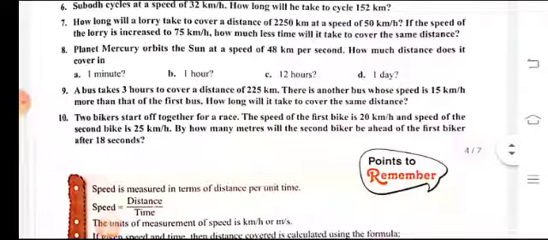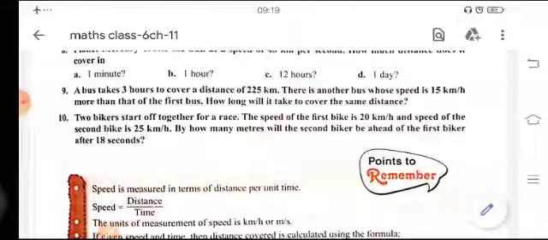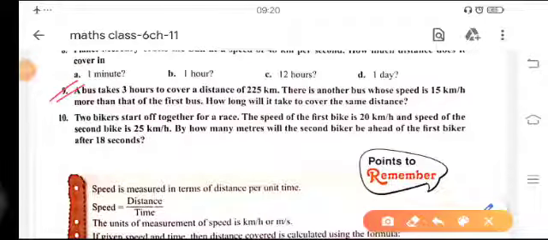And at last we will see question number 9. In this question, a bus takes 3 hours to cover a distance of 225 km. There is another bus whose speed is 15 km more than that of the first bus. How long will it take to cover the same distance?